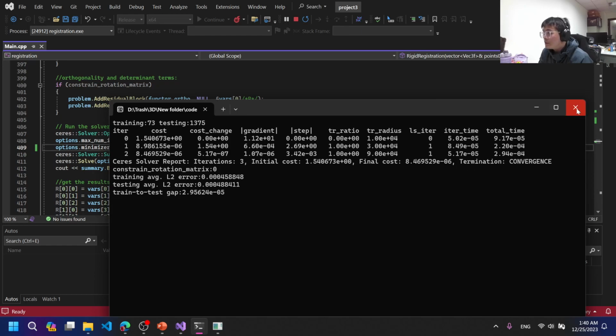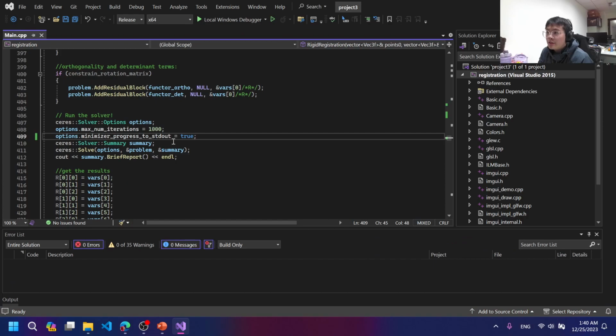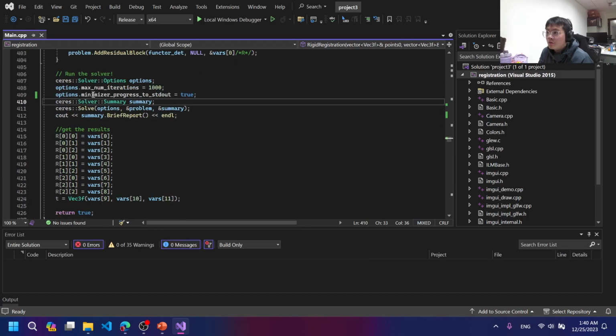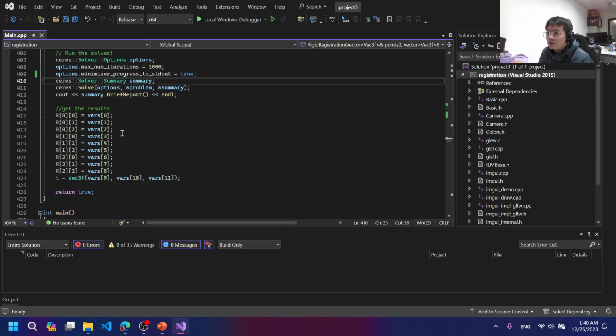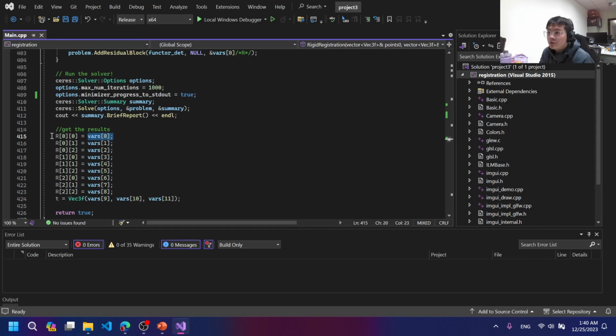So just some basic important stuff. It helps us get a brief summary of our Ceres solver performance. So we can see whether it's converging or if it's taking a wrong step. And then finally we just extract the variables which we had defined earlier and store them into our rotation and translation matrix.